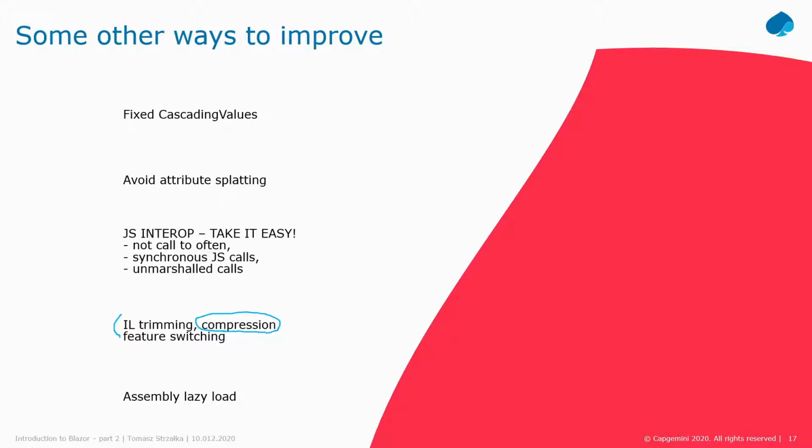Blazor is also providing a feature switching for us if we would like to remove the parts of the framework that we will not use. And of course, lastly, we can use assembly lazy loading to prevent the client's browser from downloading everything in the first request to our application.